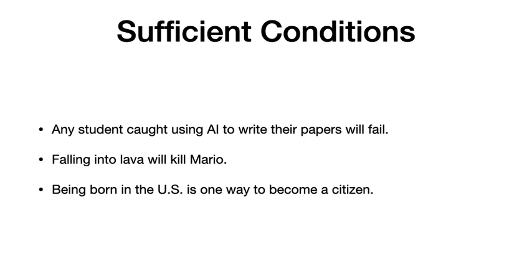Being born in the US is one way to become a citizen. We're not saying that all people who are citizens are born in the US. There's lots of other ways to become a citizen. You can be born somewhere else and naturalized. You go through the whole citizenship process. You can have an American parent.